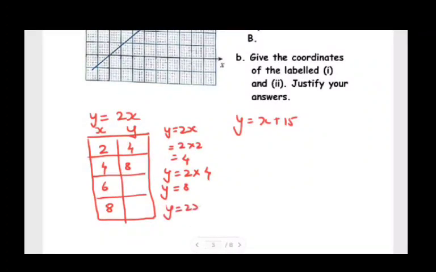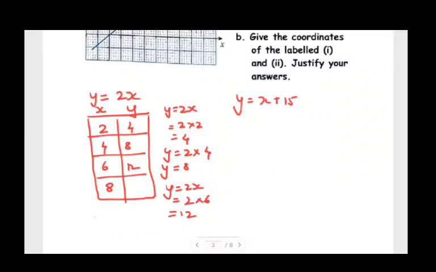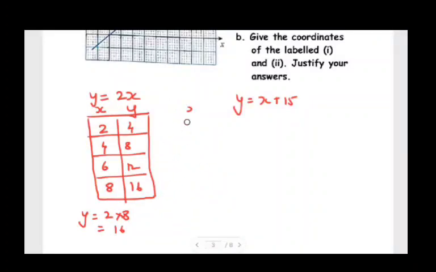Y is equal to 2x, which is equal to 2 into 6 gives me 12. And y is equal to 2 into 8, which is equal to 16. Alright? Simple. Let's make the other table as well.